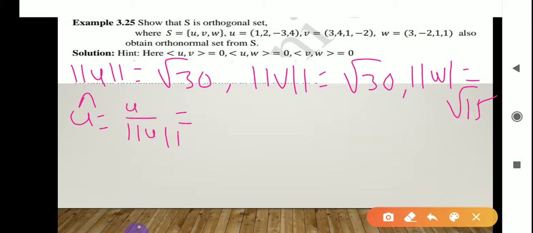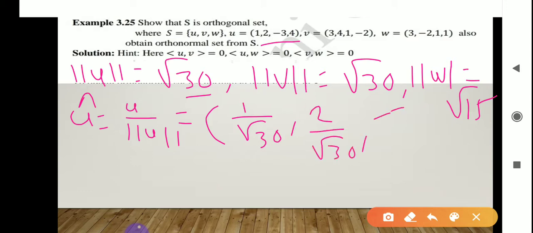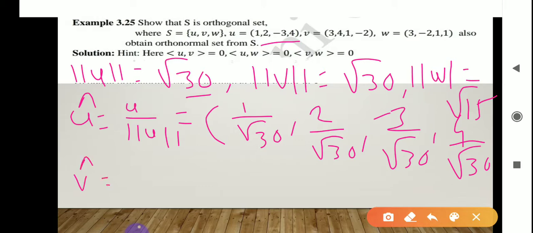The u vector is 1, 2, minus 3, 4 and the norm of u is root 30. So this is 1 by root 30, 2 by root 30, minus 3 by root 30 and 4 by root 30. Similarly, you can find the unit vector v cap by taking v upon the norm of v, and w cap is equal to w upon the norm of w.